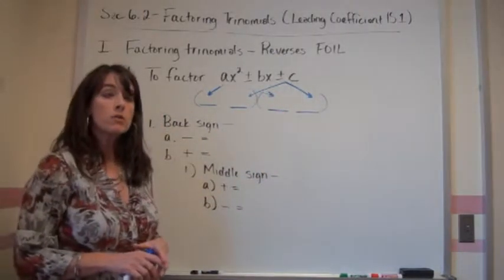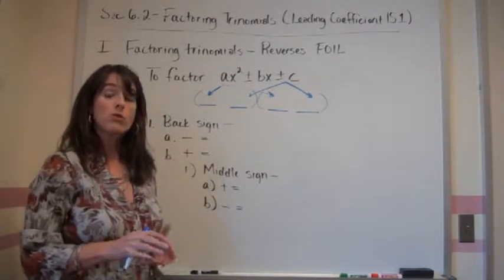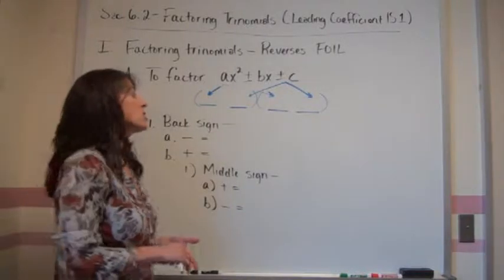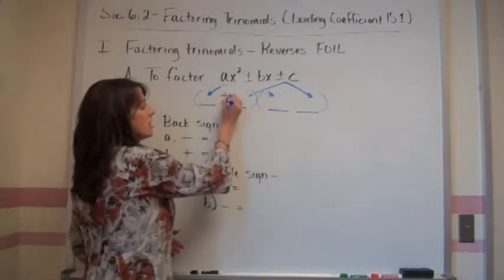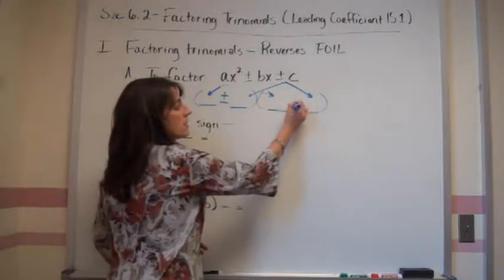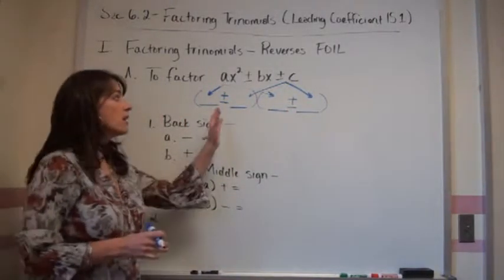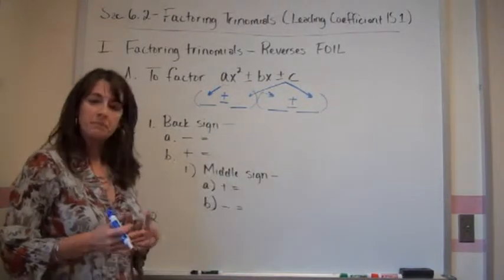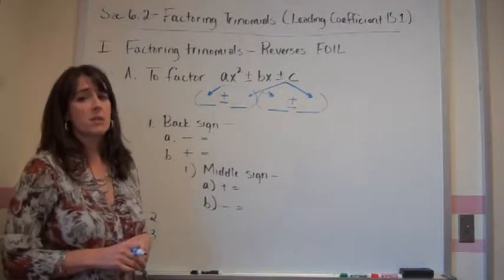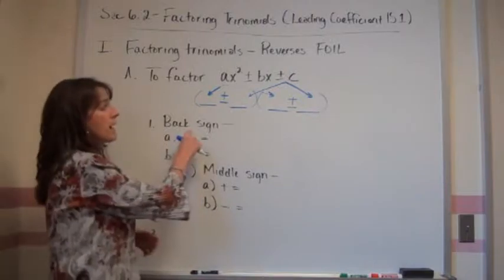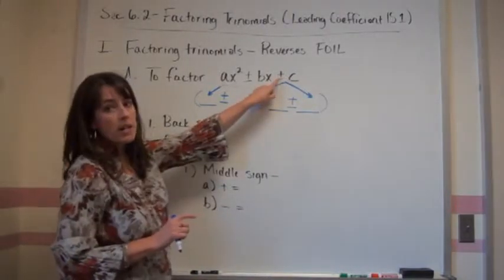Now binomials are polynomials, therefore their terms are separated by addition and subtraction. So that means you're either going to have an addition sign here or a subtraction sign, and the same thing here, an addition sign or a subtraction sign. So now the key is trying to figure out what those signs are going to be. There's actually a fairly easy way to do that. First you look at the back sign of the trinomial. That's this one right here.